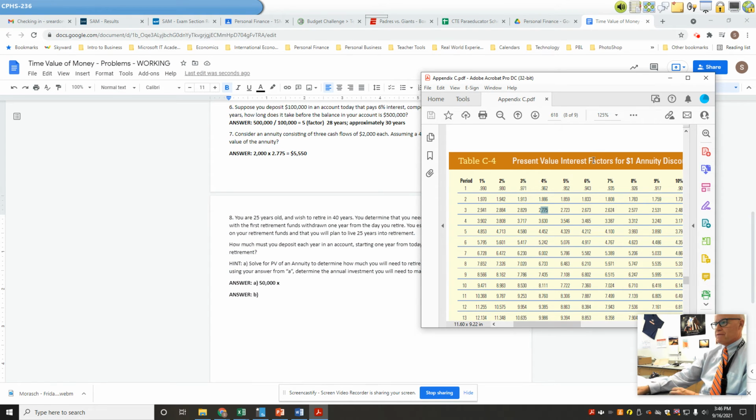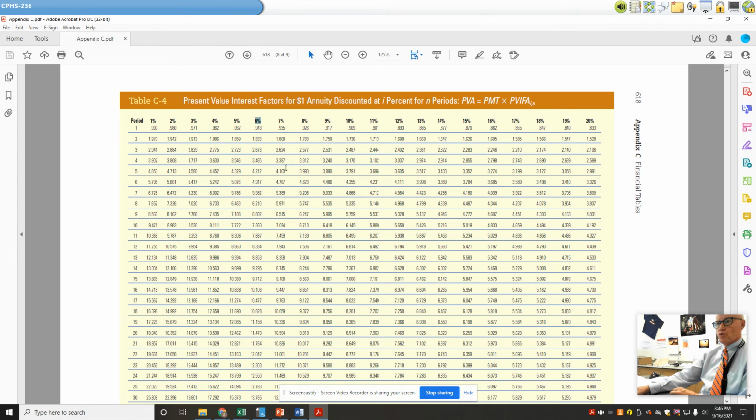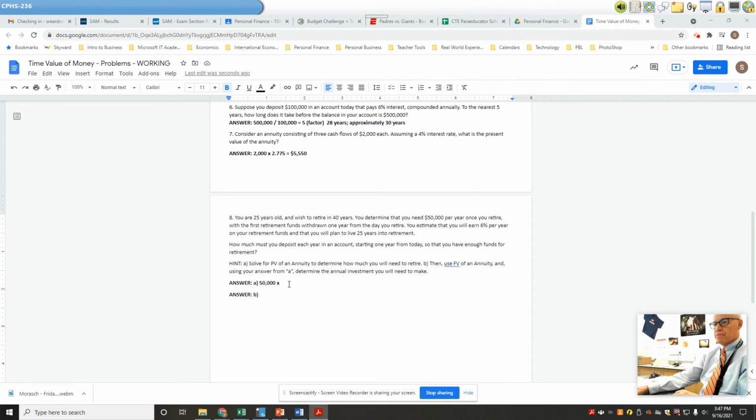So this would be present value of an annuity, 6% at 25 years. We're down here at 12.783. 12.783 is what I came up with there, 6% at 25 years. That's how long I'm planning to live in retirement.